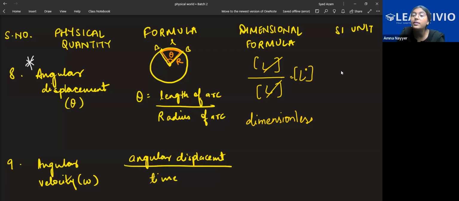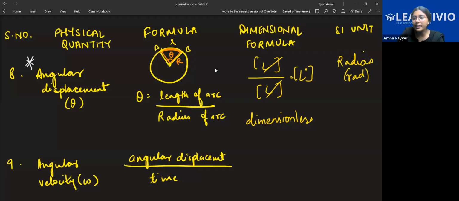What was the unit of angle? Plane angle. Check through your notes. You have written it. Theta only. Unit is radian. We write it as rad. This is how we write.